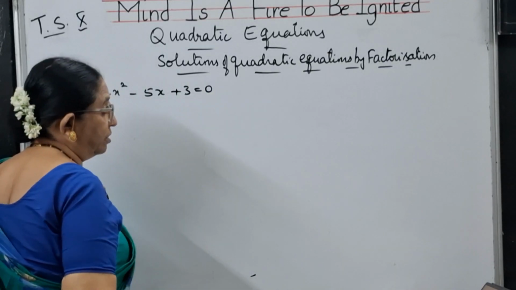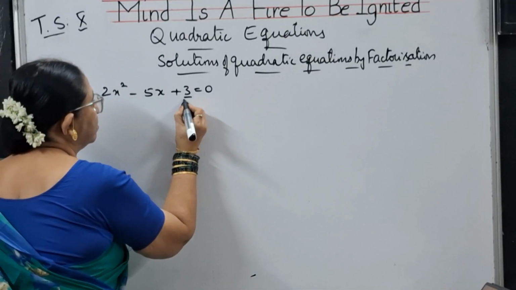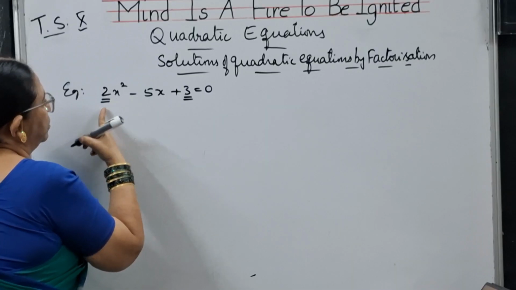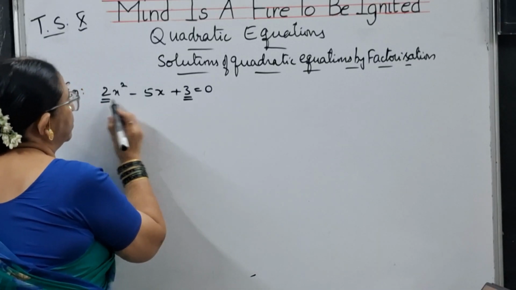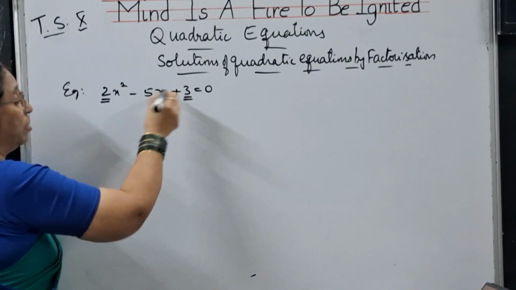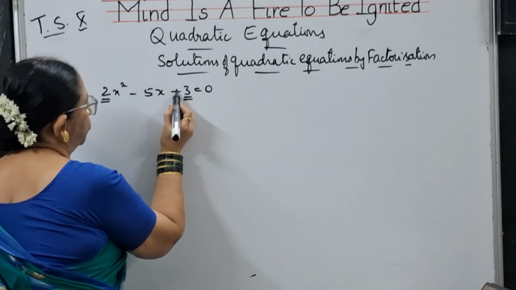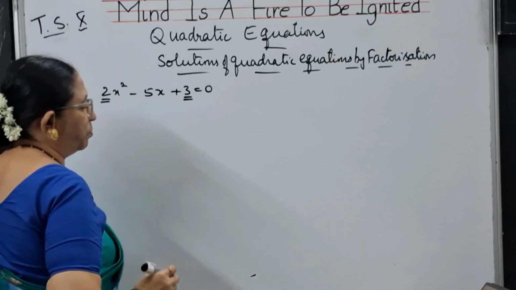By factorization method. What we need to do is this last number and this first number, coefficient of x square, we call it as. These two, first you have to multiply along with the signs. This is having the sign of a plus, this is having the sign of a plus. No sign means plus.